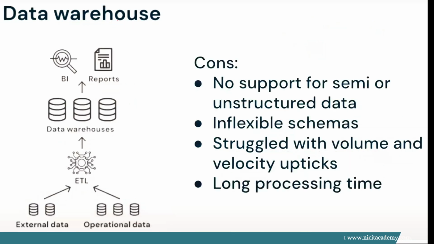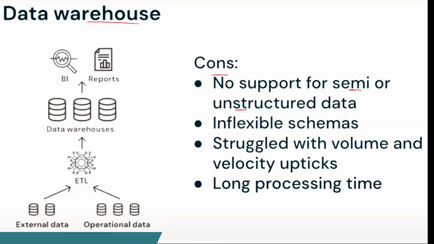What are the negative points of a data warehouse? What are the cons? There is no support for semi-structured or unstructured data. We cannot deal with data which is not structured in this case. With a data warehouse, we are not able to produce anything meaningful out of the ETL process if we have unstructured or semi-structured data. This is useful only when we have structured data.